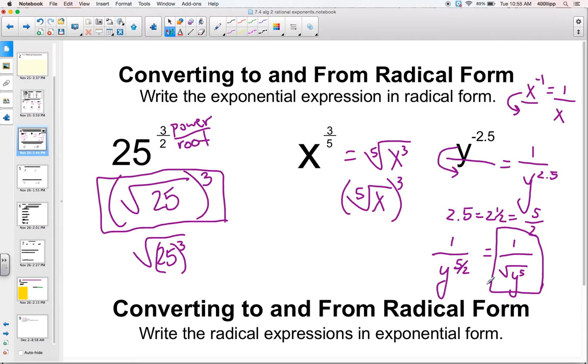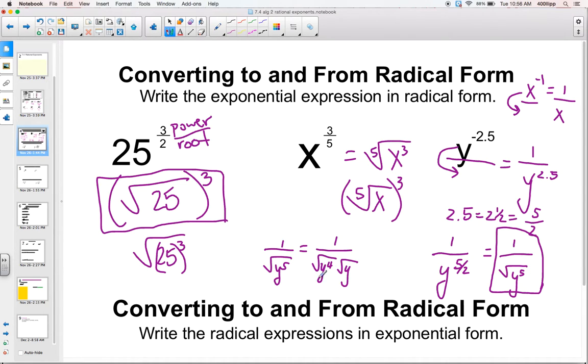The other thing is we can take out a perfect square here. So to do that, to take out the perfect square on that, we would take 1 over the square root of y to the 5th, can actually be broken up as 1 over the square root of y to the 4th times the square root of y.